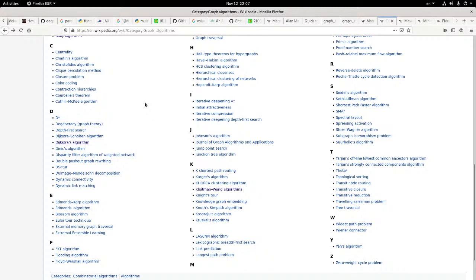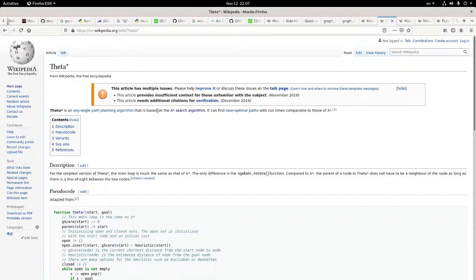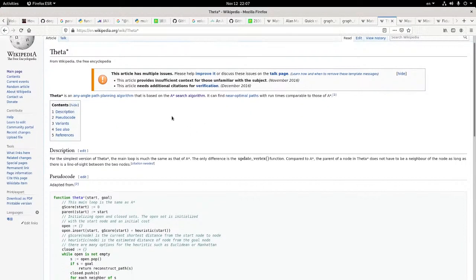Johnson's algorithm. Any angle path planning algorithm that is based on A star, it can find near optimal paths with run times comparable to that of A star.